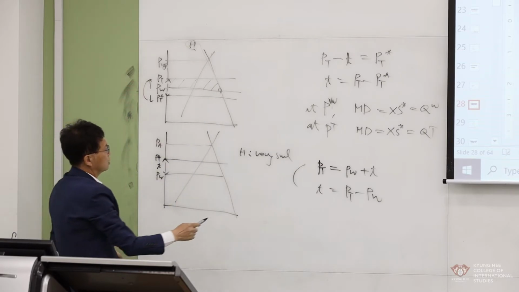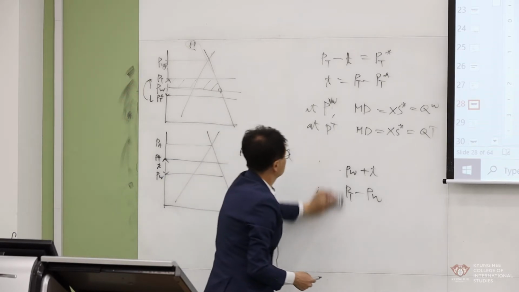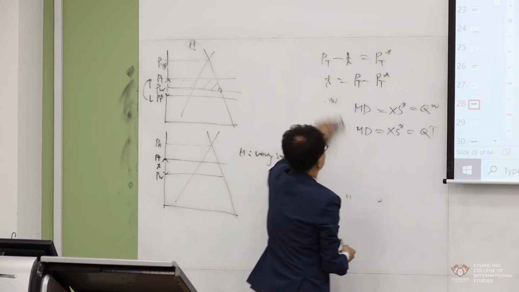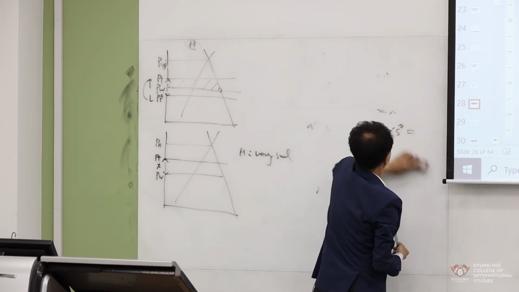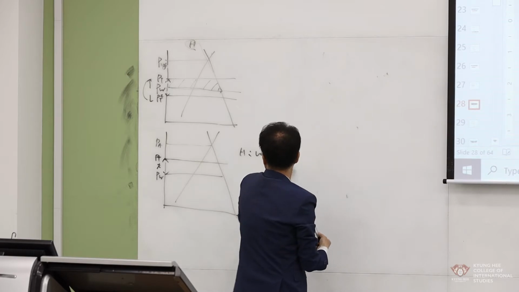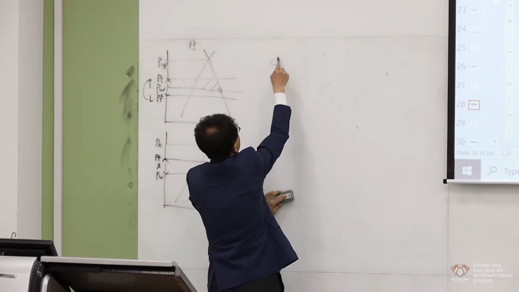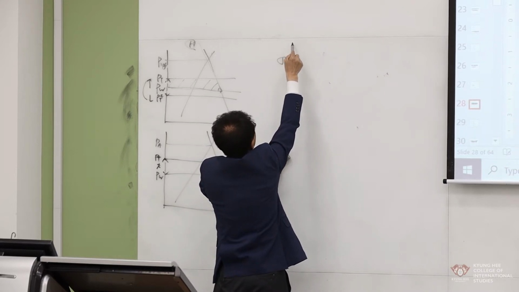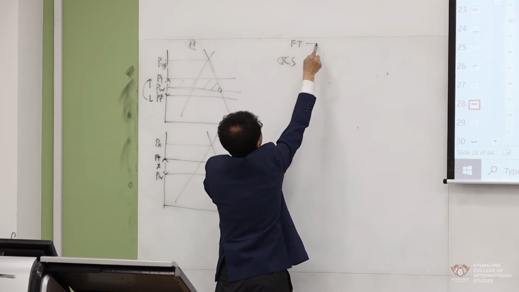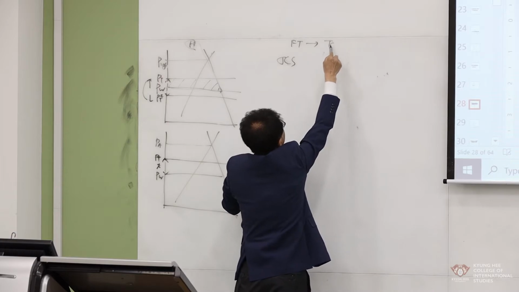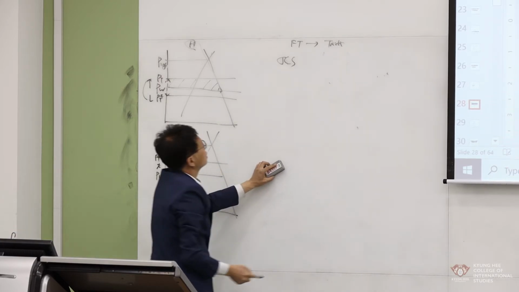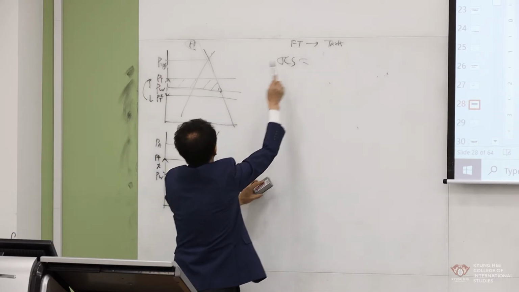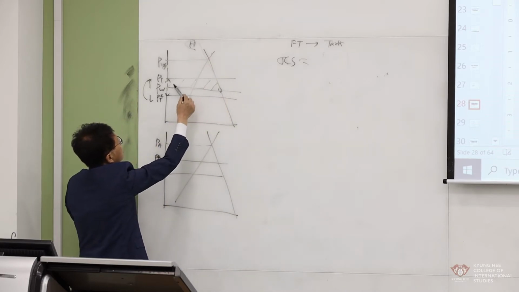Think about the change in consumer surplus when moving from free trade to imposition of tariff. Originally consumer surplus is this one, but now it is this one.